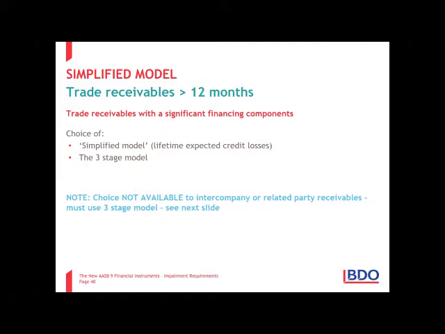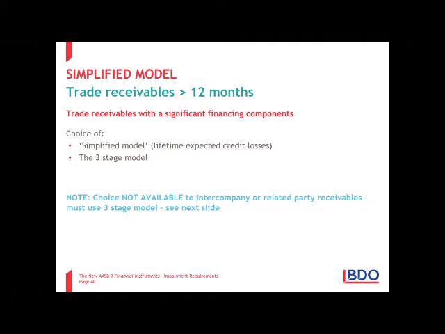So if your trade receivables are more than 12 months, so expected to receive it after 12 months, it would include a significant financing component, and this is very similar to the rules we have in the new AASB 15, which talks about if there's more than 12 months difference between the recognition of revenue and the cash flow, there's a significant financing component involved.